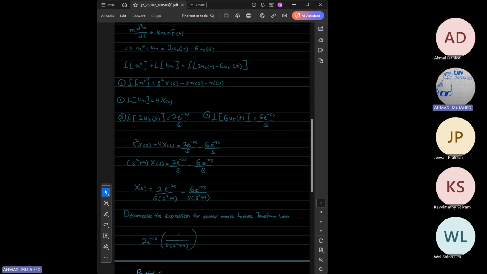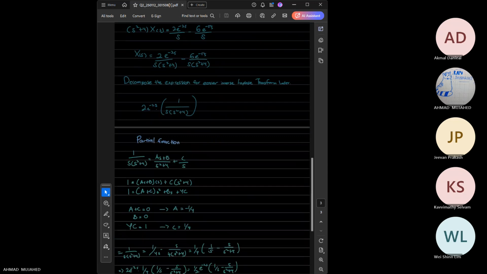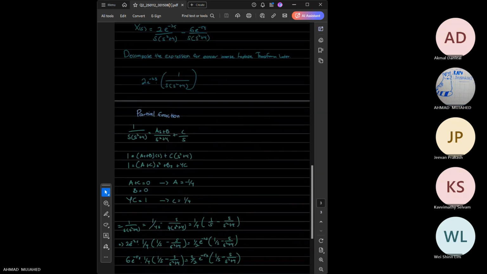For the Laplace transform part, we use partial fractions first. The step of partial fractions is like that. It's not hard to do, but maybe there is a lot of calculation.